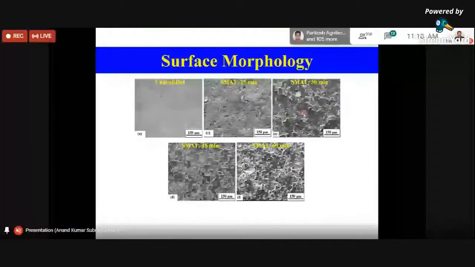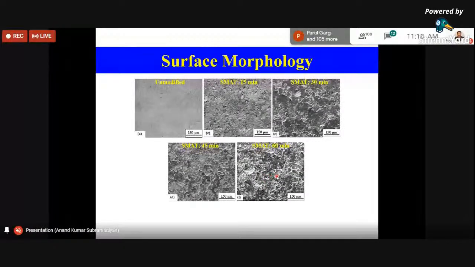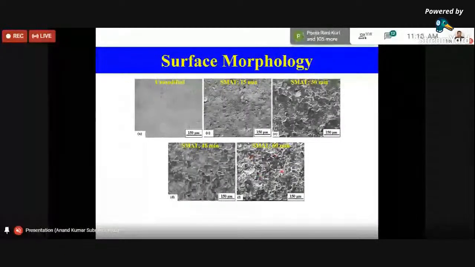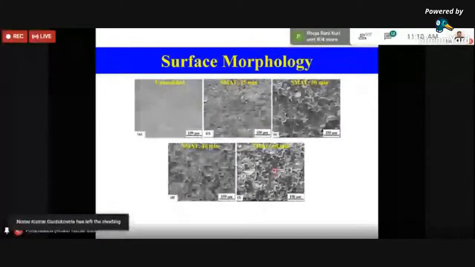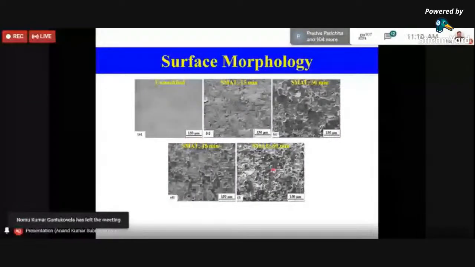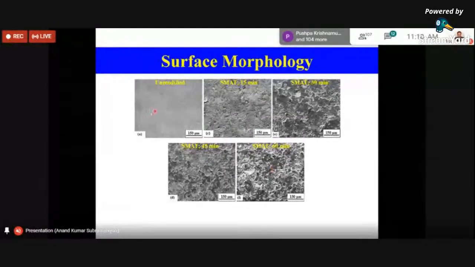And you can see that with 60 minutes the impact is more, and there is some material being stretched, right? And this is the consequence of the SMAT process, which will in a way increase the surface roughness, and that is what we looked at in the table, where SMAT treated sample showed a higher surface roughness value compared to unmodified.